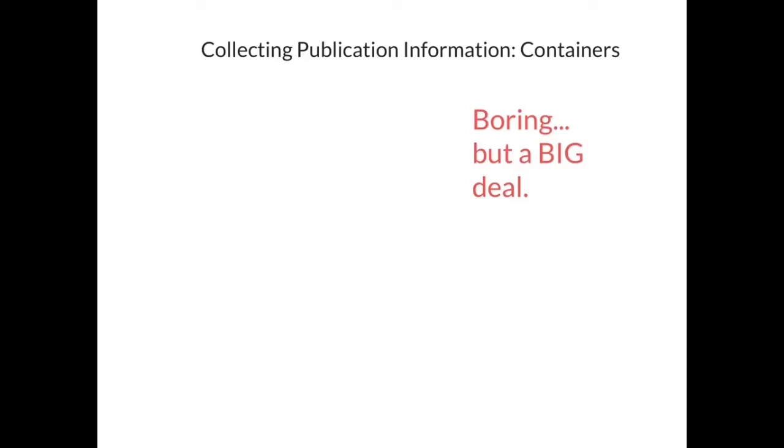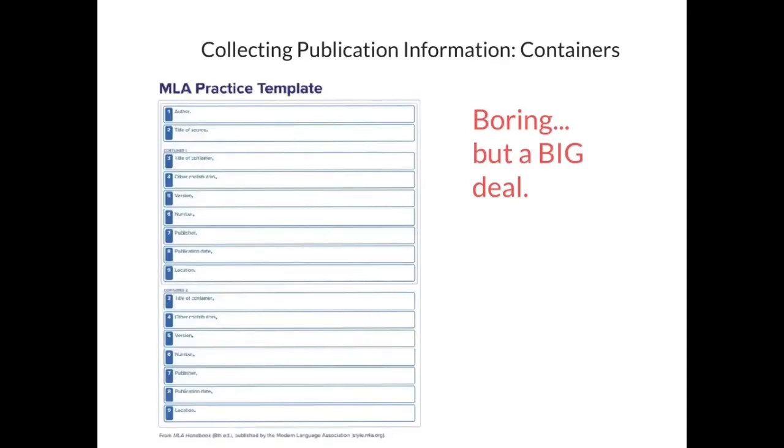And if your research is invalid, that is a huge flaw with your research paper and will have a negative impact on your grade, a significant one. So it's important to keep track of the details. Now, the good news is following these details has gotten a lot easier than it's been in the past. So now MLA uses what are called container templates.